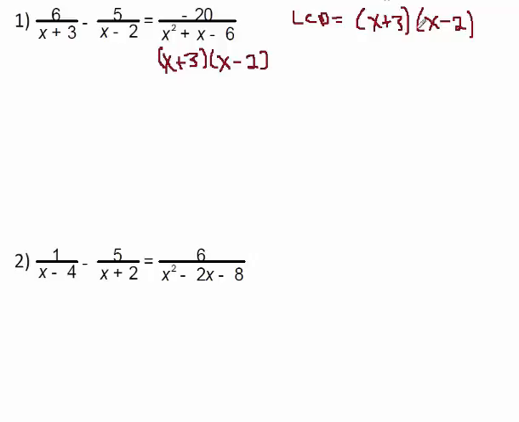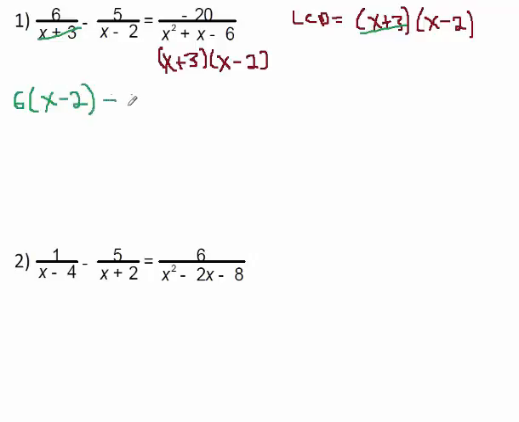For term number 1, x plus 3 cancels out with the x plus 3, which means the only thing you have left is the x minus 2. So it's 6, the top, times the x minus 2. In other words, it's this whole term times this whole term, but the x plus 3's canceled out. So this term is left with 6 times x minus 2.